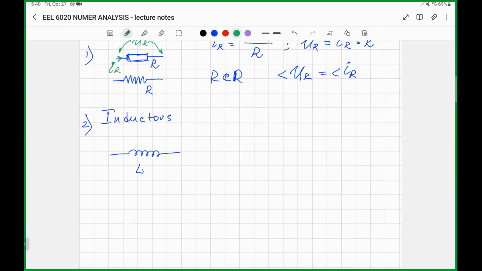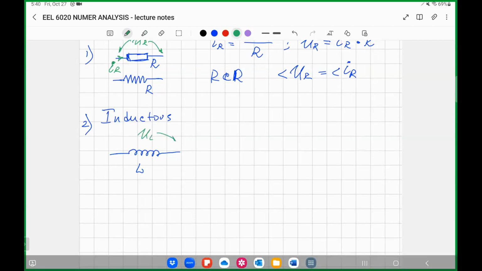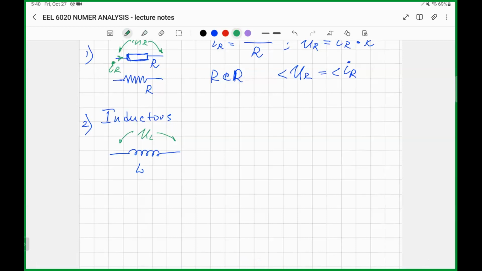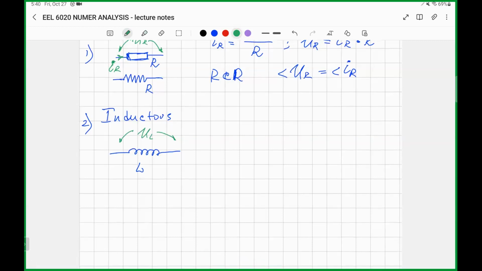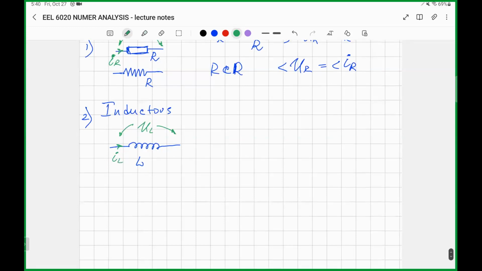And again, in a circuit, it gets some voltage drop. If I connect it to some power supply or current source, it gets some voltage drop and some current I_L flowing through this inductor. So how do we describe this inductor?